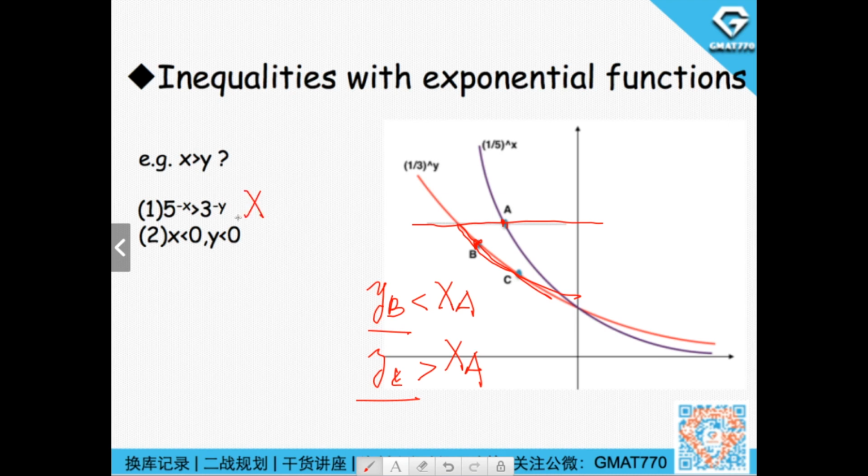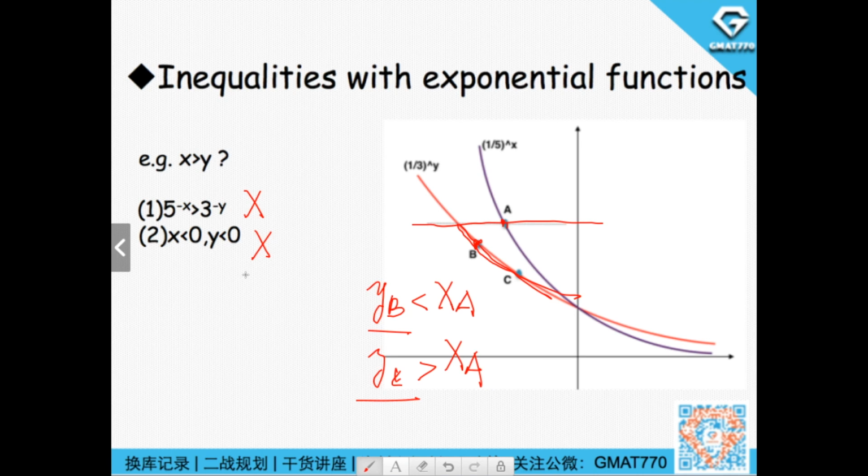Okay, statement 2. Statement 2 tells us that both x and y are negative, but there is no more information for us to determine who is greater. So statement 2 is not sufficient. And statement 1 and statement 2 combined together is actually the same as statement 1, since in statement 1 we found two different points, point B and point C compared to point A. These points are in quadrant 2.